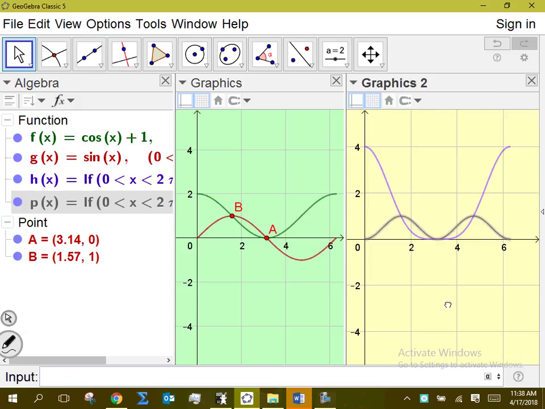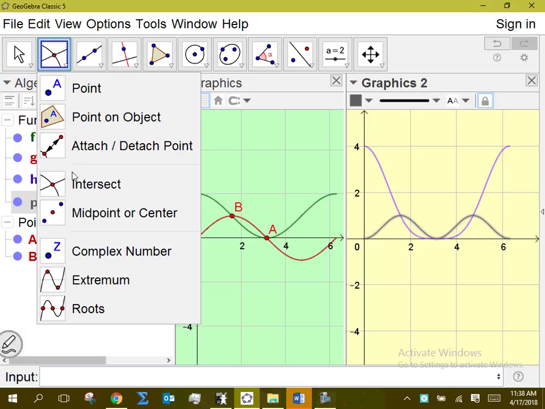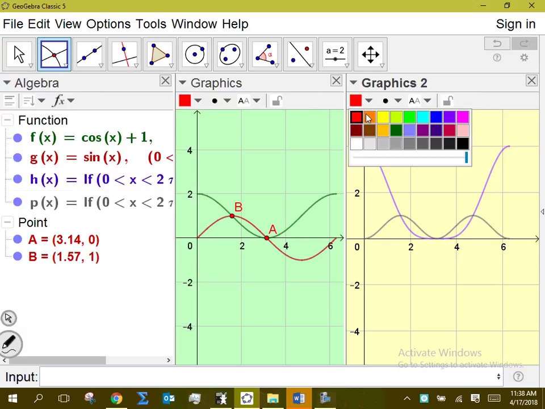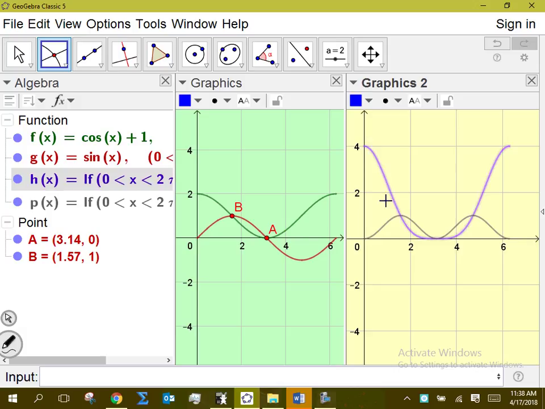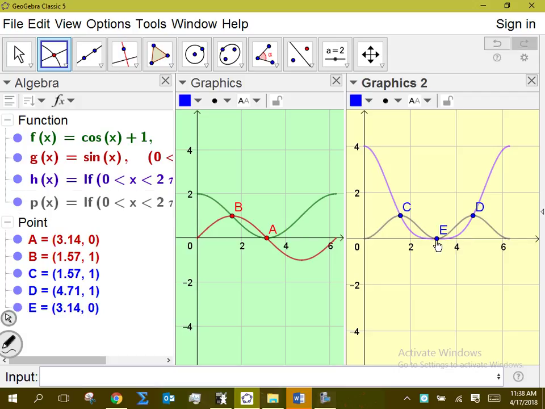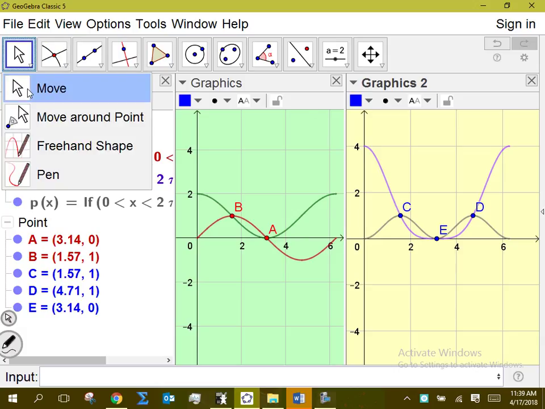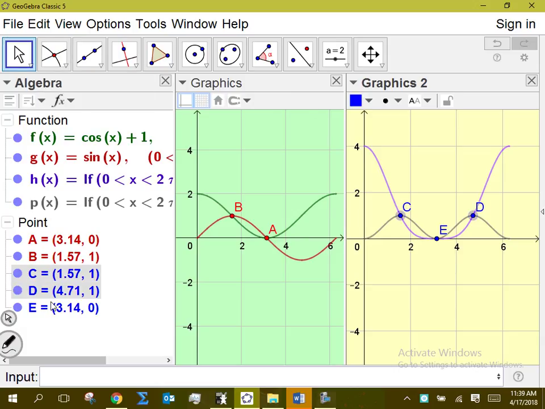Now, how many times do these things intersect? They intersect at that point, and those other 2 points. And we see then that because we squared something, we get 3 solutions.